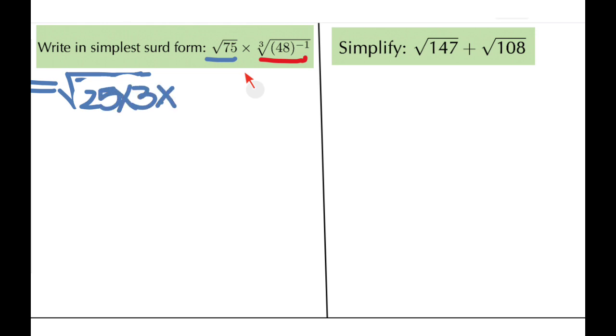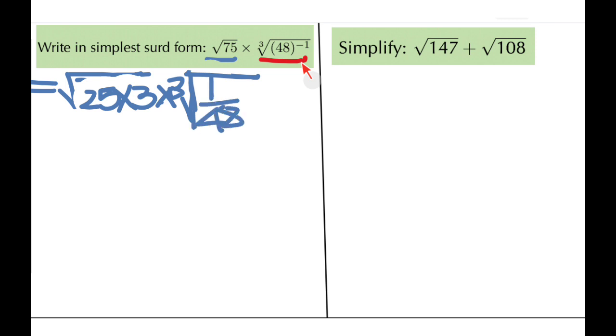Multiply by this cube root of... okay, first notice that your 48 here is raised to the power of -1, meaning that you can express that as 1 over 48.